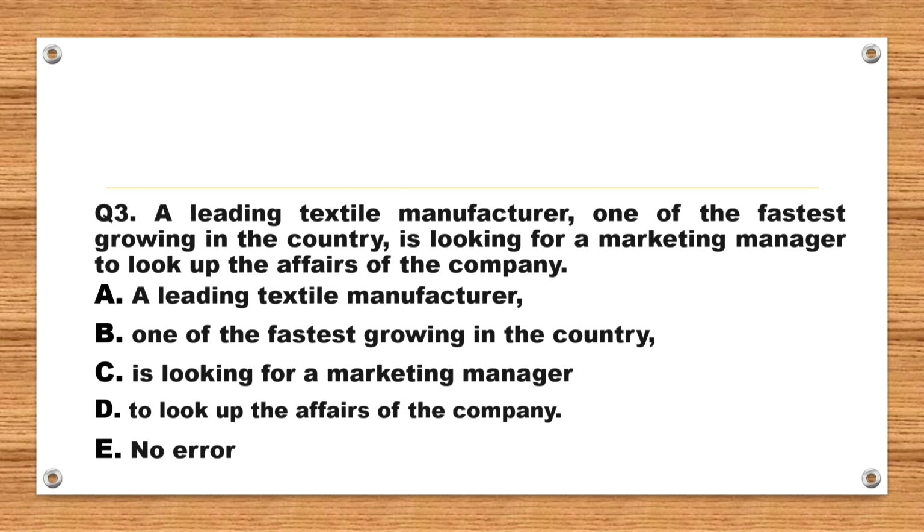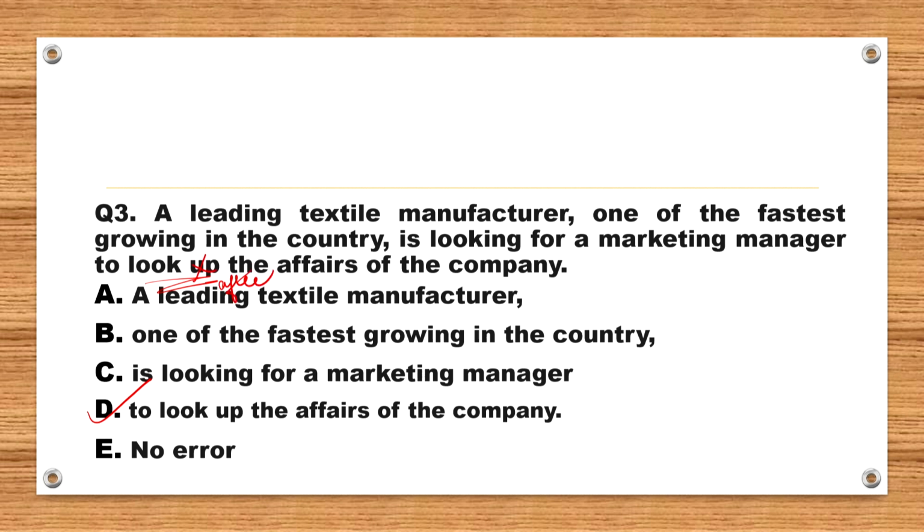So, is it done? Let's check. A leading textile manufacturer, one of the fastest growing in the country, is looking for a marketing manager to look up the affairs of the company. So, the grammatical error lies in option D. The phrasal verb look up means to find or search for something. Hence, its use is inappropriate over here. Replace it with look after.